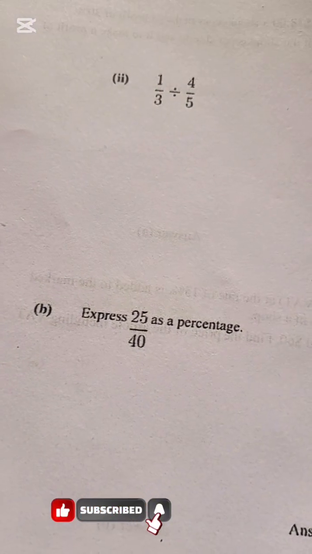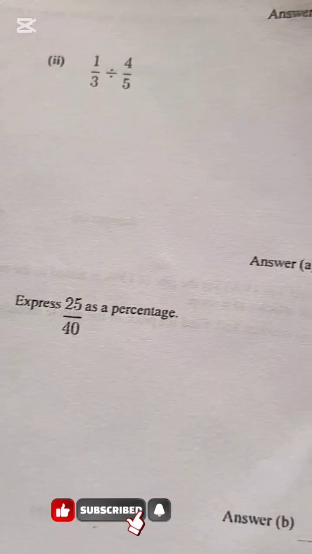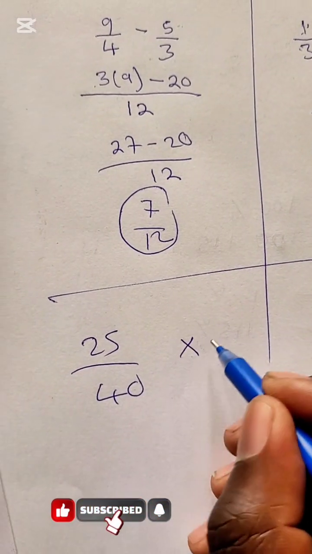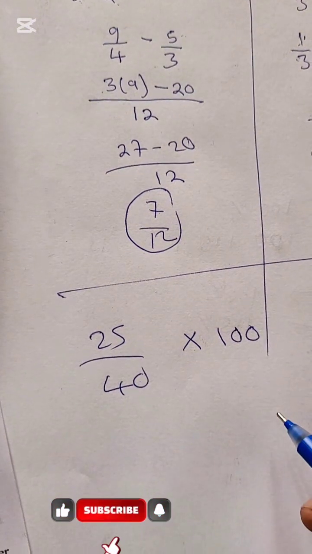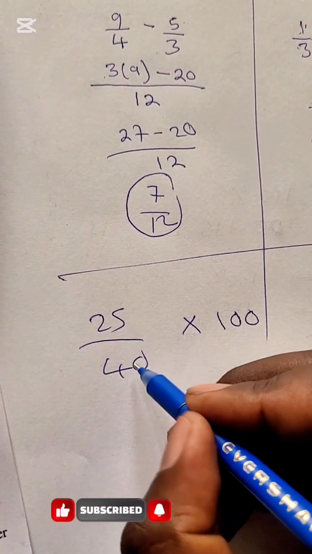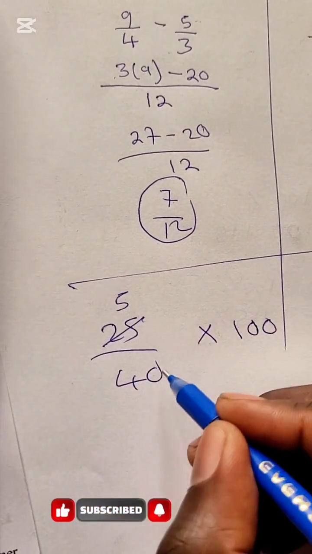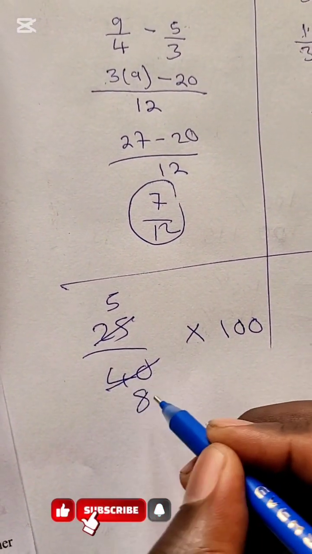Okay. Then another one is 25 over 40 as a percentage. Remember, a percentage is over what? 100. Are we together? So you can say 5 into 25, that's 5. 5 into 40, that's 8.